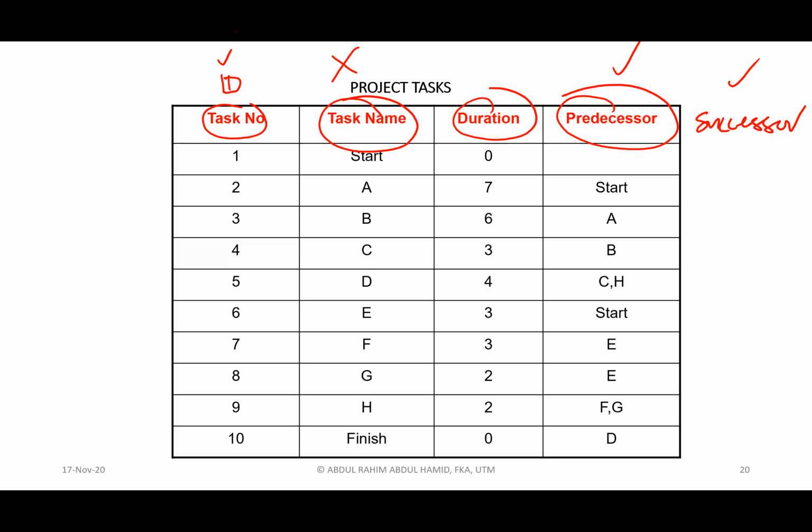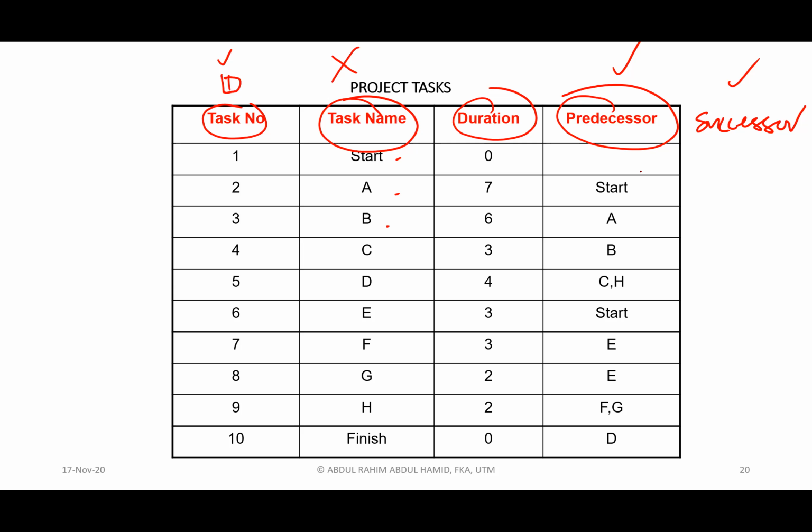Okay, let's assume this is our project, a simple project. We do have start, A, B, C, whatever. And how do you draw a network diagram, PDM diagram or AON diagram? Simple. You start by looking at the list of activities and then draw box by box. Then you connect them with predecessors.